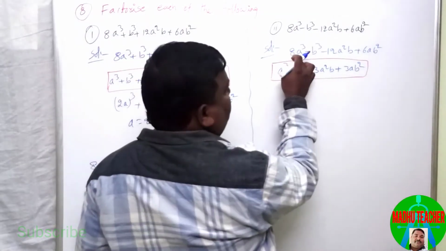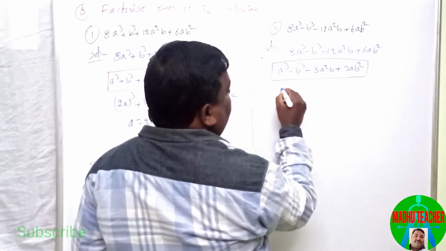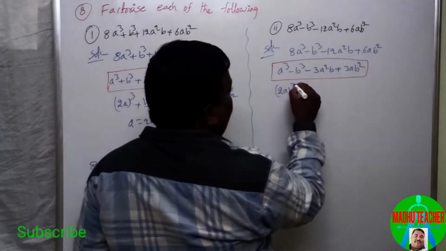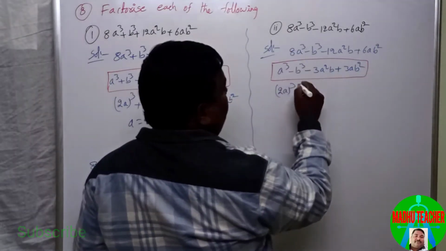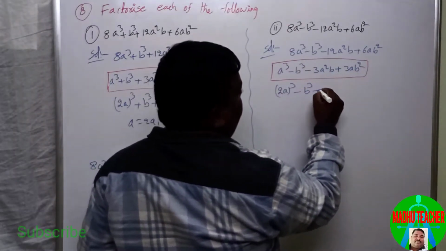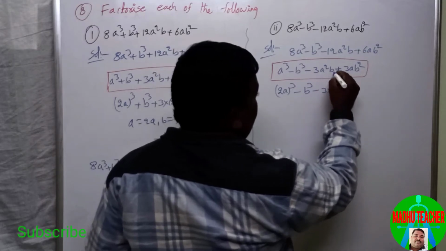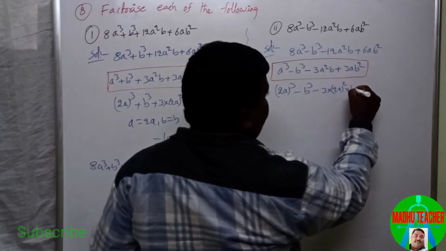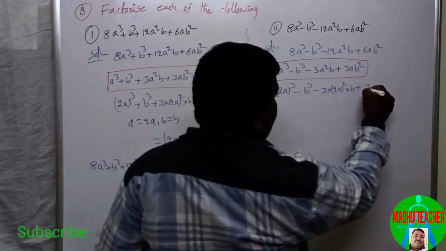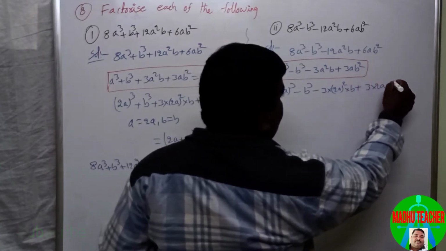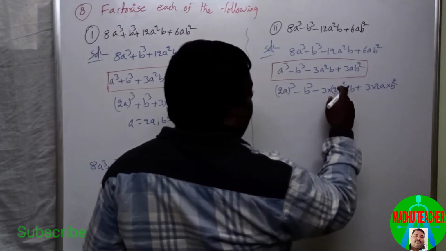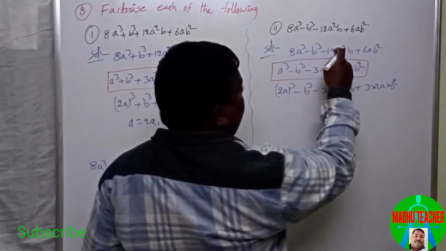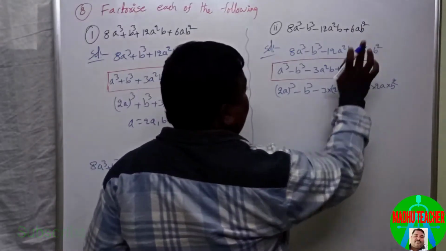I am changing this into formula form, that is 2a whole cube, 2 cube is 8a cube, minus b cube, minus 3 into 2a whole square into b, plus 3 into 2a into b square. 2 square 4, 4 3s are 12 ab, and 3 2s are 6 ab square.